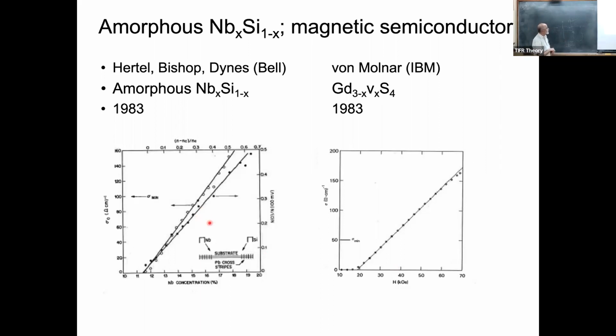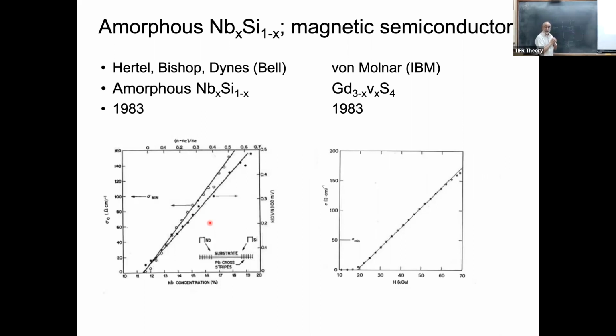The left one is for the conductivity, and the right one is for the density of states at zero energy, at the Fermi level. And what they found was that both of them now seem to go linearly with the concentration of niobium. So unlike a square root onset, this seems to be a linear onset.